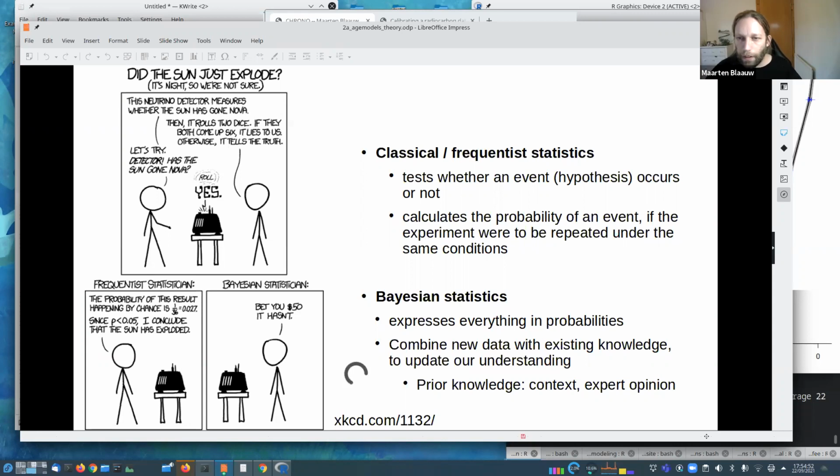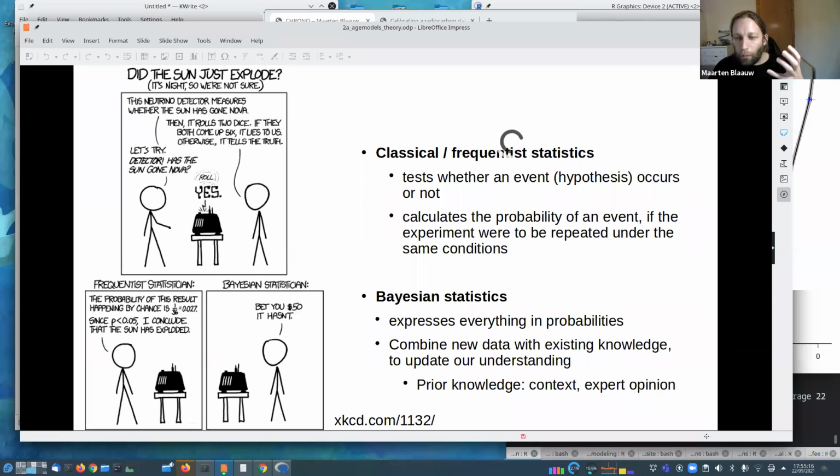So classical frequentist stats tests whether an event or hypothesis occurs or not, and calculates the probability of an event if the experiment were to be repeated under the same conditions. On the other hand, Bayesian stats expresses everything in probabilities between 0 and 100%.